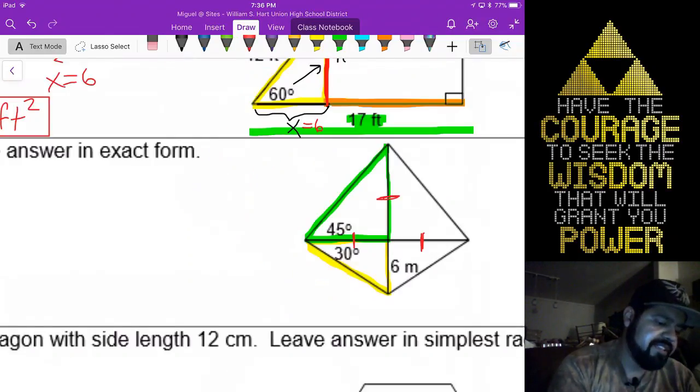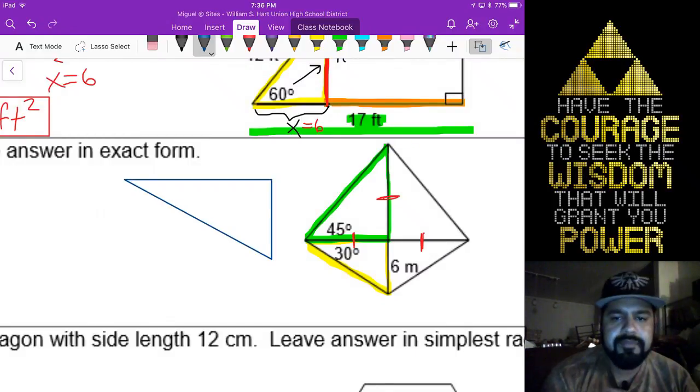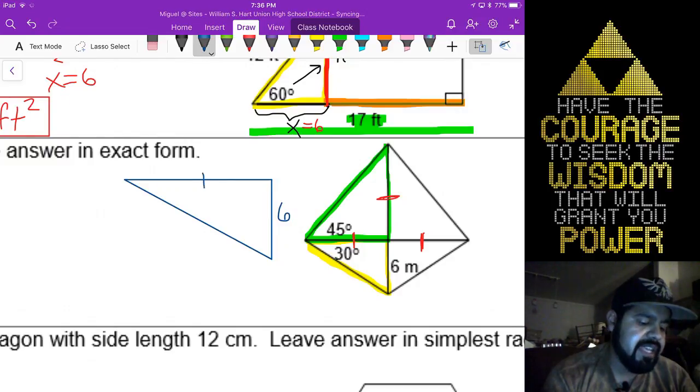So taking a look at the special right triangle there, we know that this side length is 6. This is our long leg, let's call it x. So long leg equals short leg times rad 3.